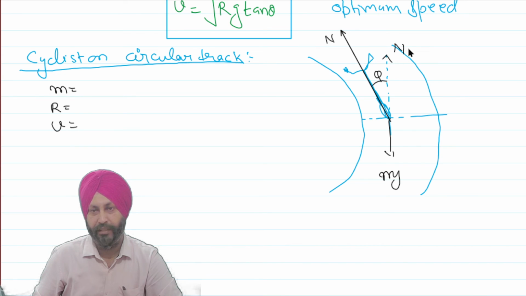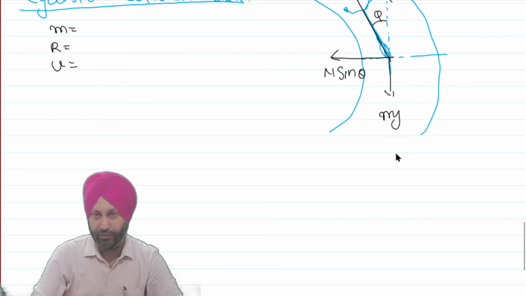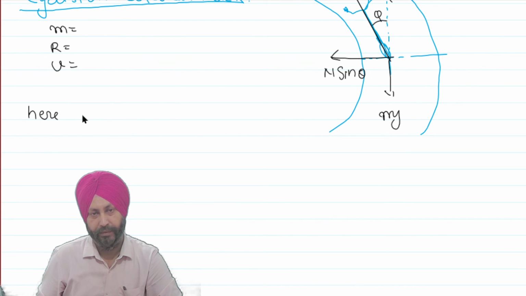N is resolved as n cos theta, and towards the center it is n sin theta. Now what is the centripetal force here? It is mv square by r, and towards the center the only force is n sin theta.